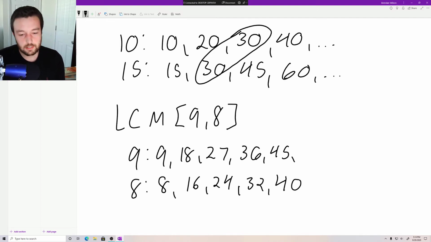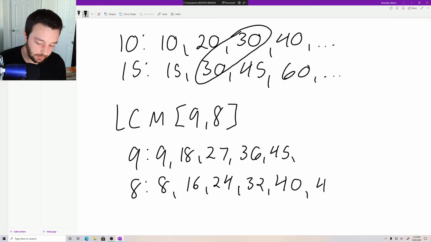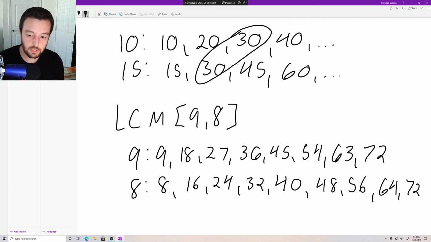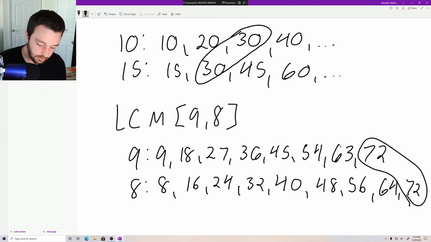We look at these lists, and there's still nothing in common, so we need to keep going until there is something in common. For 8, we have 48, 56, 64, 72. For 9, we have 54, 63, 72. So 72 is the first number they have in common. The least common multiple of these is 72.